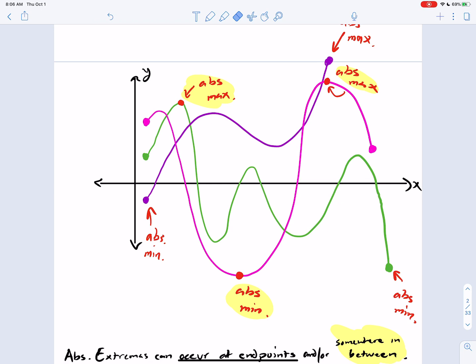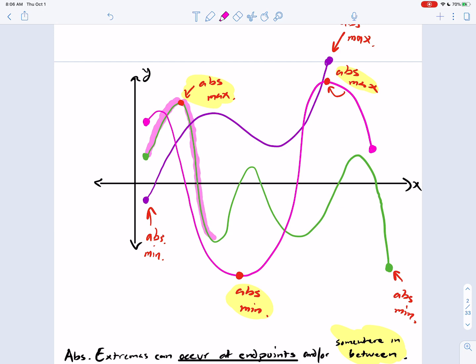Okay, so here's what I want you to notice. And it's a little bit difficult because I can't interact with you guys, right? I noticed that it occurs in between, but specifically where the graph changes directions. So for instance, if we're looking at the green graph, just the green one, the green graph starts to increase, and the moment it starts to change directions, that happens to be where the absolute extrema occurs.